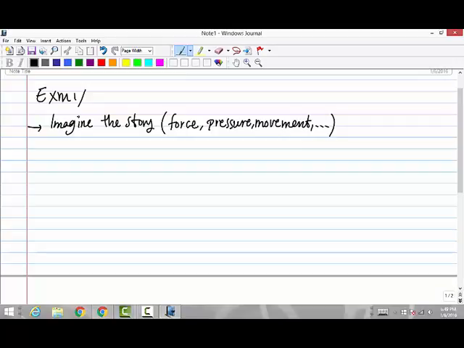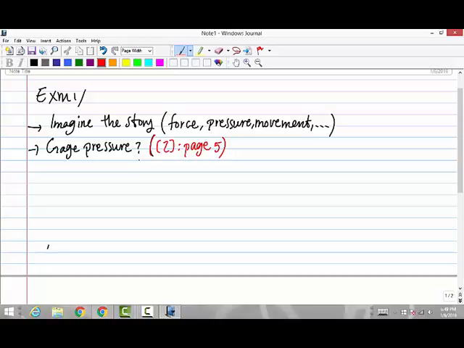So a gauge pressure, what is it? If you check lecture note number 2, page 5, you see the description of the gauge pressure, absolute pressure, and vacuum pressure.